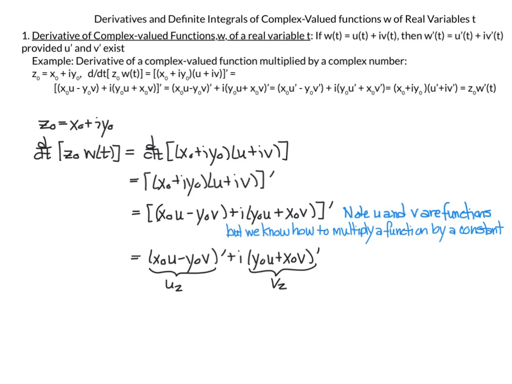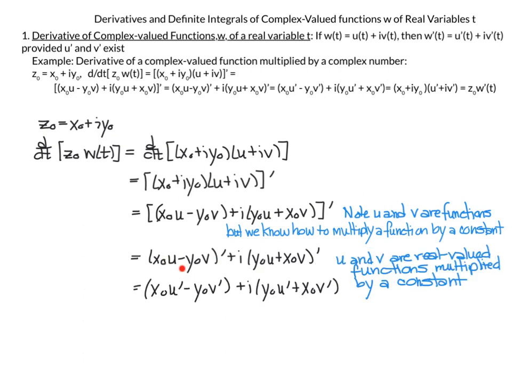And notice that this u2 here is a real valued function because u and v are real valued functions. So this is a real valued function, and over here u and v are real valued functions multiplied by real numbers. So what's inside both parentheses are real valued functions.